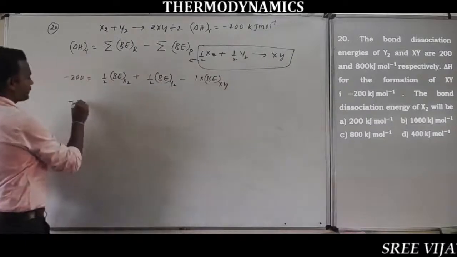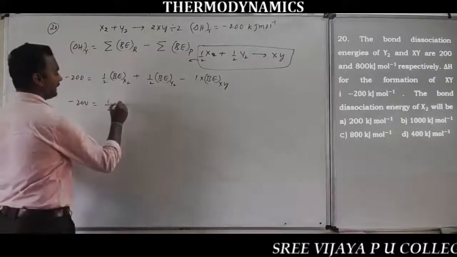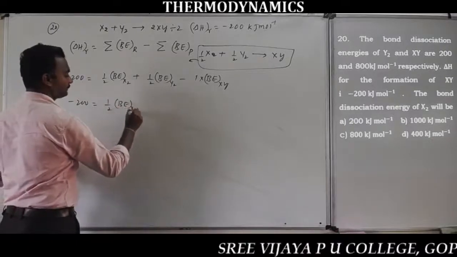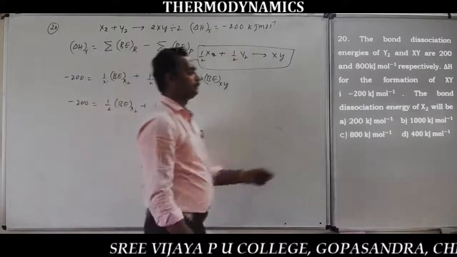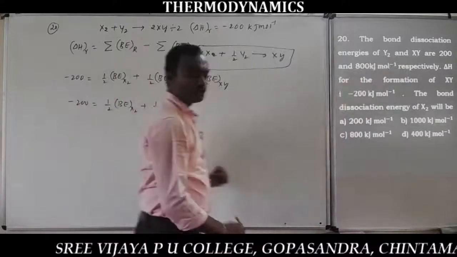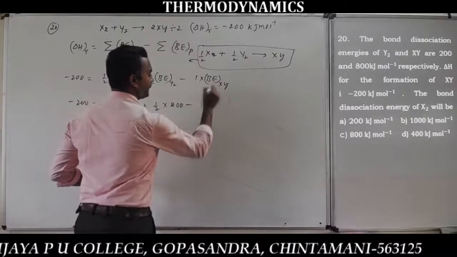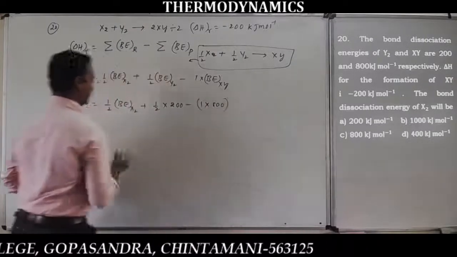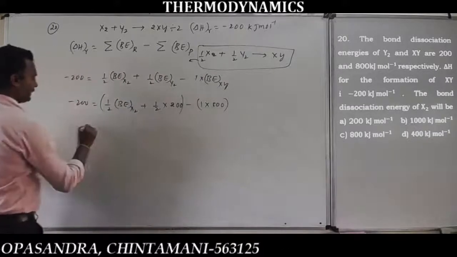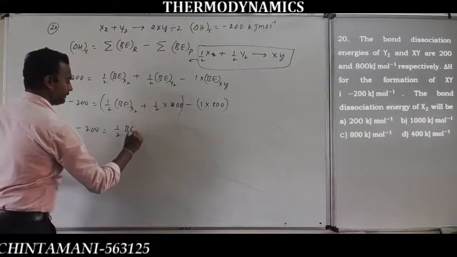That is -200 is equal to 1/2 into bond enthalpy of X2 we have to find out plus 1/2 into bond enthalpy of Y2. Bond enthalpy of Y2 is 200 minus 1 into bond enthalpy of XY is 800. So you can calculate now. So that is -200 is equal to 1/2 bond enthalpy of X2.